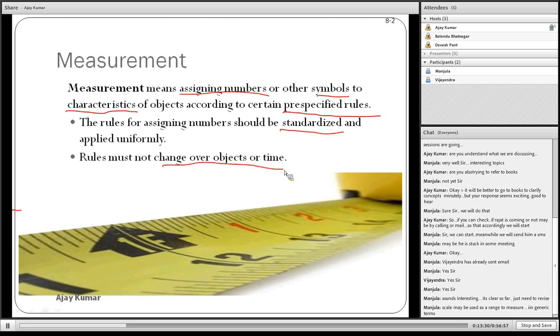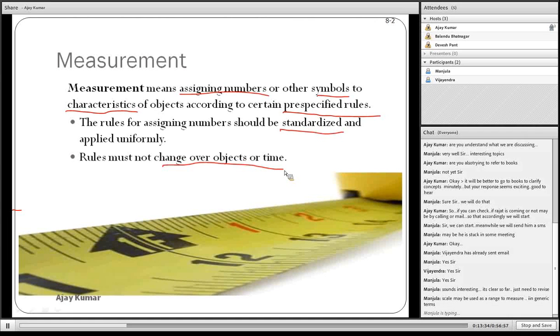So we should not be changing the rule of measurement too frequently. We should try to make it as standardized as possible. So this is measurement: just reiterating, it is about assigning numbers or symbols to any object, or to be more precise, to the characteristics of the object.